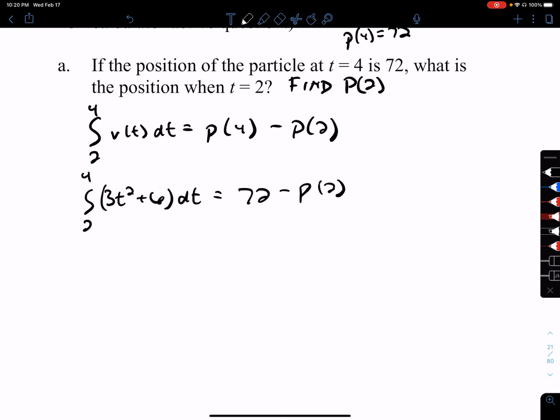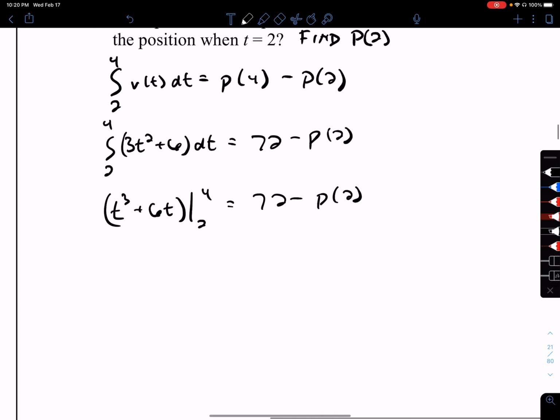Integrating 3t squared, you're going to get t cubed. Integrating 6, you're going to get 6t. We have to evaluate this from 2 to 4. So we're going to put 4 in for t and subtract from that.